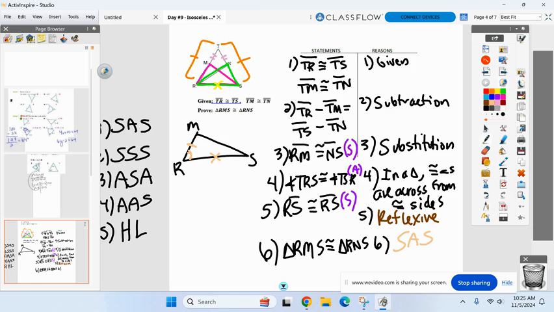Yes, Abby. Our proof statement here says triangle RNS equal to triangle SNR. Oh, it does? Okay, all right. Maybe they didn't match. Let's see. MS should be equal to NS.